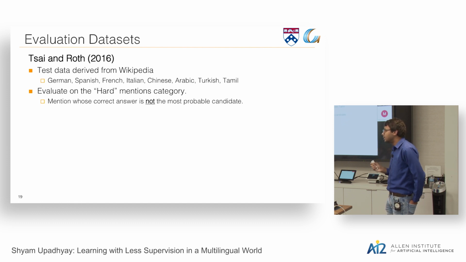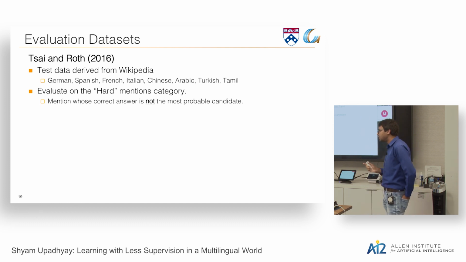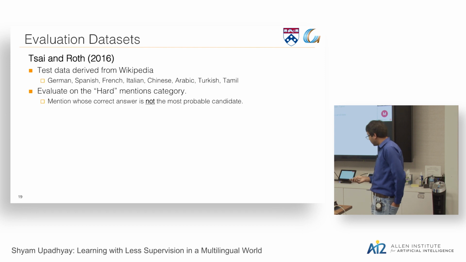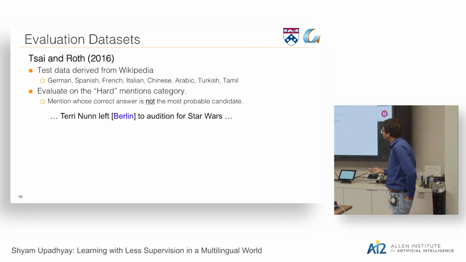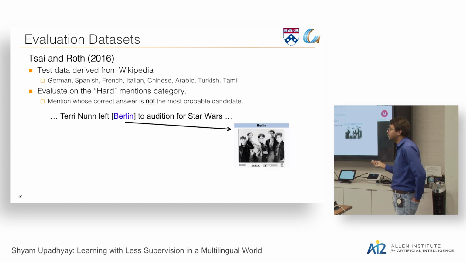Shyam Upadhyay categorized the mentions into hard and easy mentions, and we are going to evaluate on the category of the hard mentions. Hard mentions are those for which the most probable answer according to the prior, so according to popularity, is not the correct answer. So, for example, this mention of Berlin, in this sentence, Terry Nunn left Berlin to audition for Star Wars. Usually Berlin would refer to the city, but because it's a hard mention, here it refers to the band.